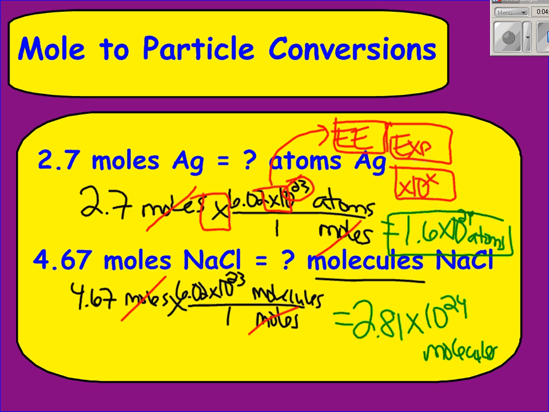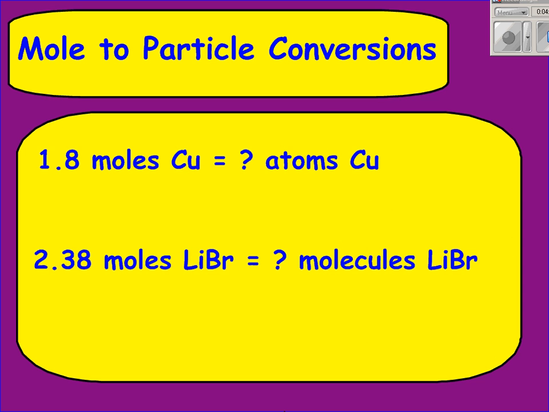Let's give you a few to try on your own. Try 1.8 moles of copper to convert that into atoms, and 2.38 moles of lithium bromide into molecules of lithium bromide. The answer for the first one, with correct significant figures, should be 1.1 times 10 to the 24th atoms.